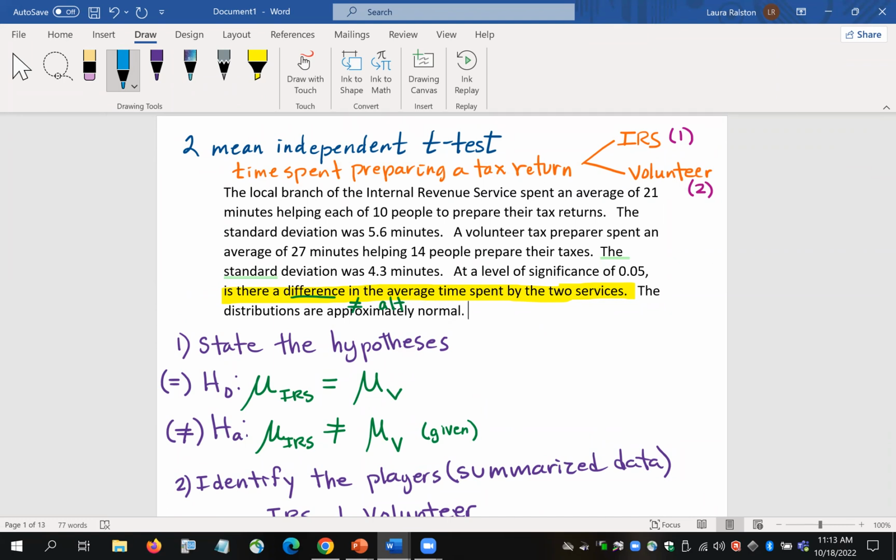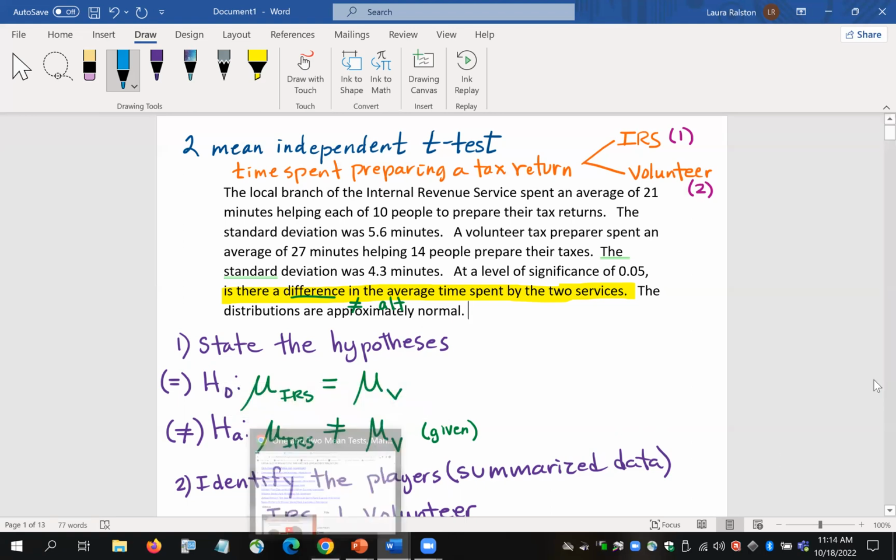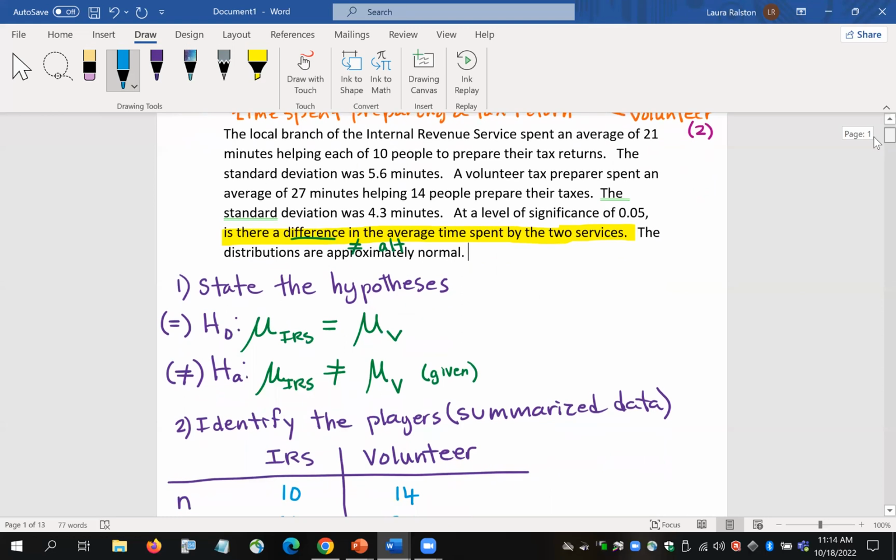Again, because that's how you know that you're going to do the parametric test, which is the two-mean independent t-test. Otherwise, we would need to look at the distribution, but we have no way of doing that. So that really should have been included, and I do apologize for that. I typed it in a hurry.